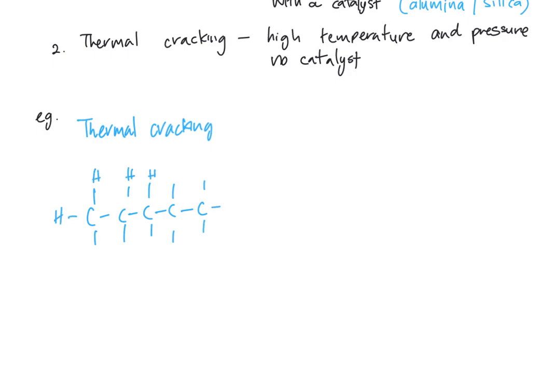And what we want to do with the pentane, remember it must start off with an alkane, and it can create just an alkene or it can create two. So we've got pentane, and this pentane can become, for example, propane.